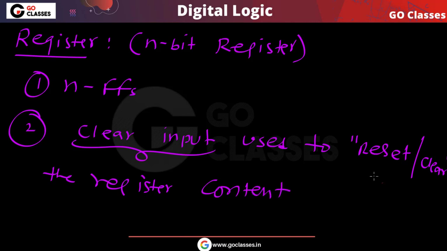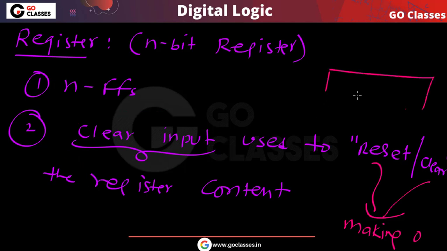Reset or clear means making everything 0. For example, you have a register, and in this register, let us assume this is your data. If you want to clear it, that means making it 0.